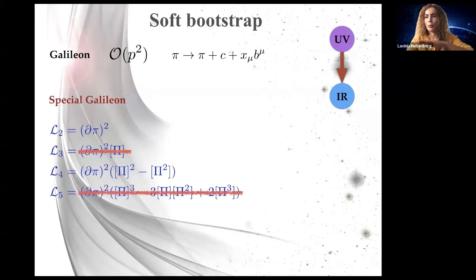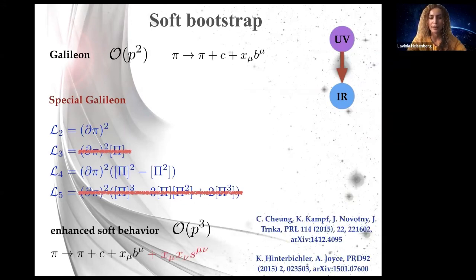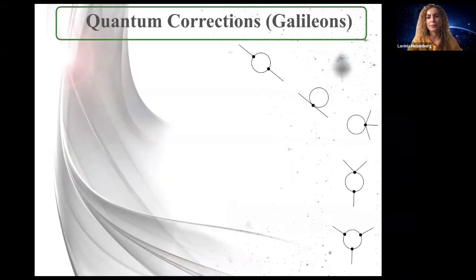Now imagine you erase the cubic and the quintic Galileon interactions, then you obtain the special Galileon. The special Galileon has an enhanced soft behavior, p cubed, and the symmetry is also enhanced. So it has this non-linear part of the symmetry. This was really discovered with this enhanced symmetry by applying the soft bootstrap program. So as you can see, it's a powerful tool to characterize all your effective field theories and their symmetries.